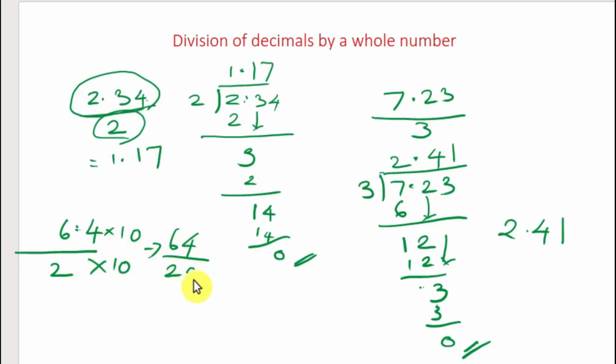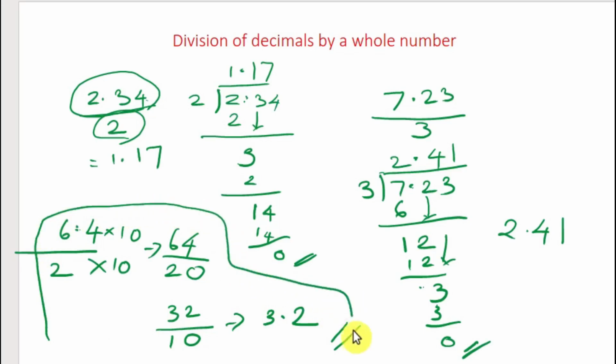So 64 by 20, reduced to lowest form, by 10, 3.2. This is one method of dividing the decimals by a whole number.